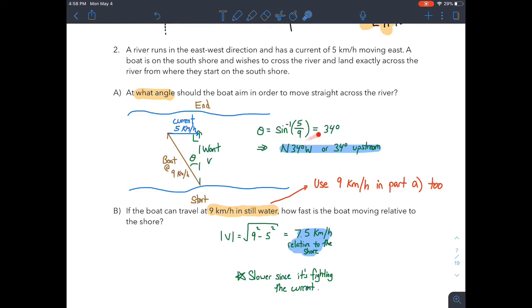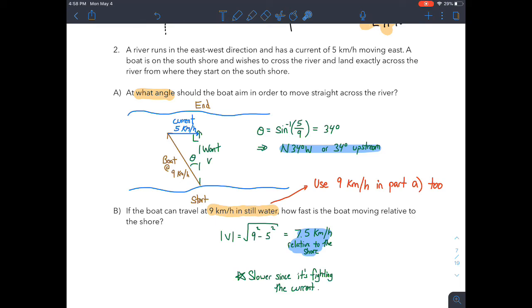So the inverse sine of 5 over 9 gives us 34 degrees. So we're aiming at north, but we're swinging 34 degrees towards the west. Or if we're talking about rivers, this is also called upstream, where we have to aim 34 degrees upstream so that the current pushes us and we move straight across.